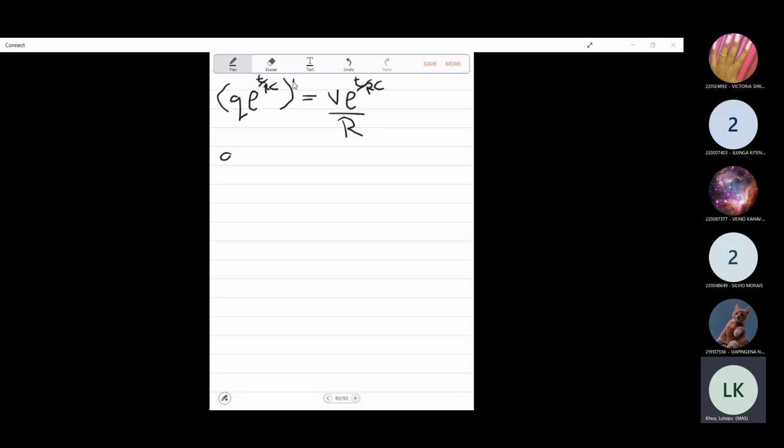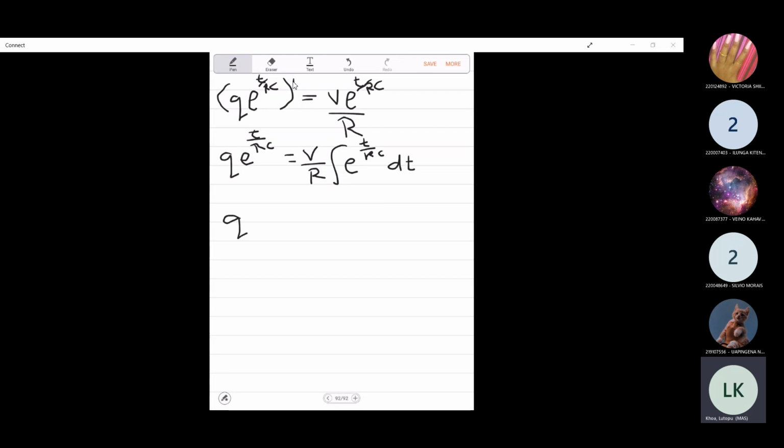So we have Q e to the power of t over RC. This is equal to V over R, and R can go outside the integral. Then the integral of e to the power of t over RC dt.